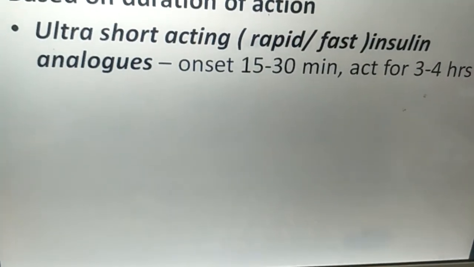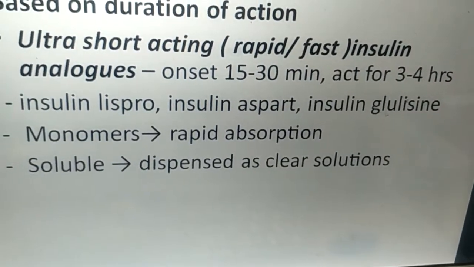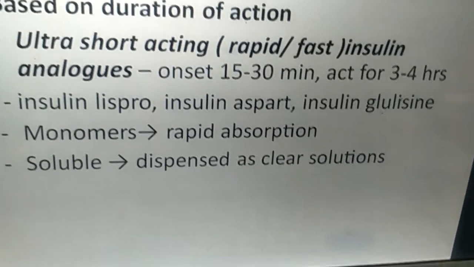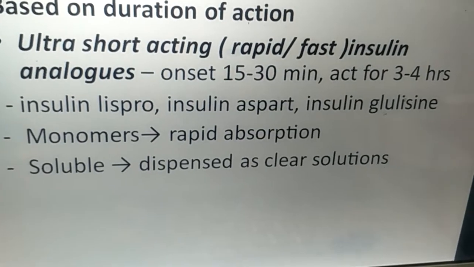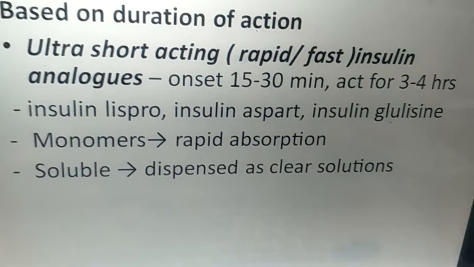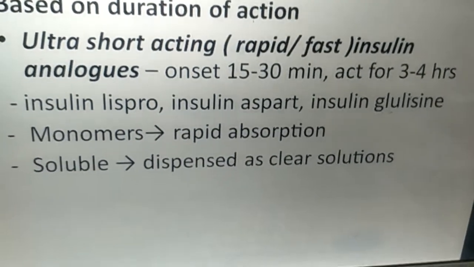Ultra short acting insulins include, this is important as a short note, ultra short acting insulin you can get a short note on any insulin: lispro, aspart, or glulisine. Most of the things will remain the same: insulin lispro, insulin aspart, and insulin glulisine.